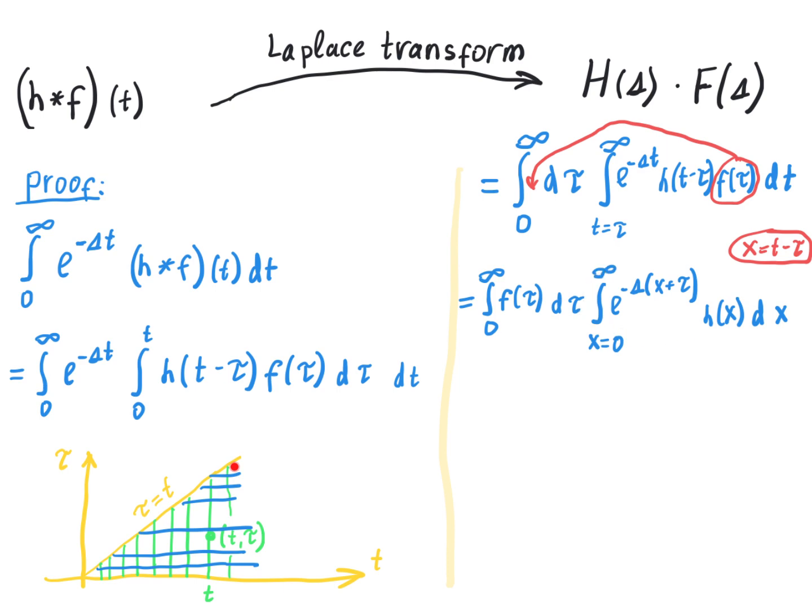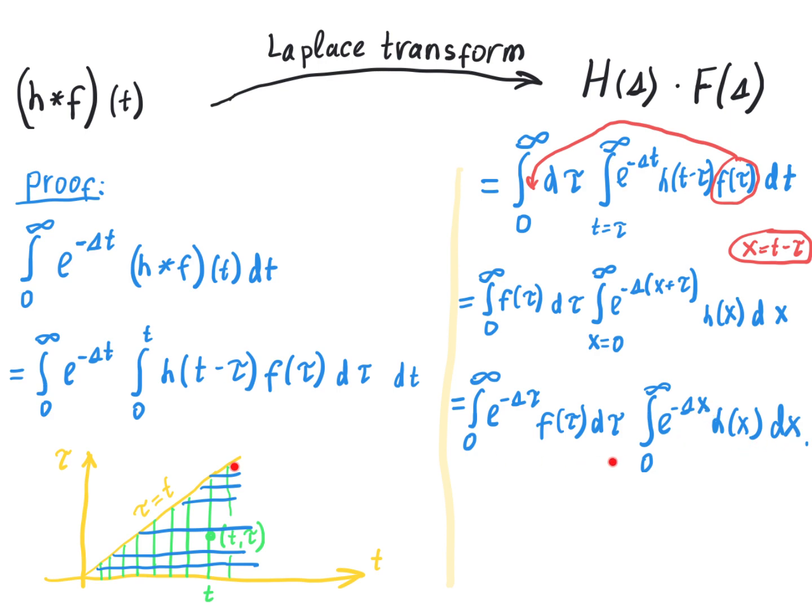Finally, observe that we can split this exponential term. We can write it as a product of two exponential functions, one depending on x, another on tau. After we split the exponential term, we move the part with tau to one integral, and the part with x we keep in the other integral.